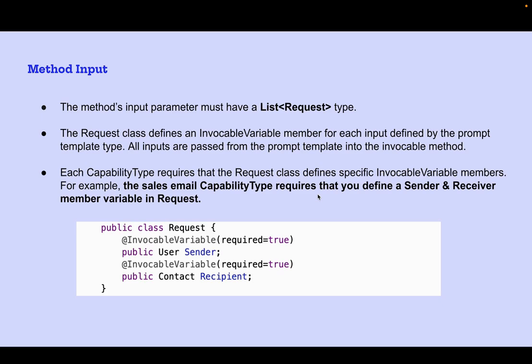For example, the sales email capability type requires sender and recipient member variables in the request class. We can see in the template that the request class is defined, and inside that we have added the sender and recipient members with the annotation invocable variable.